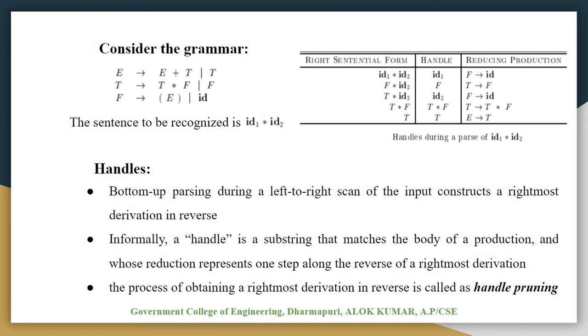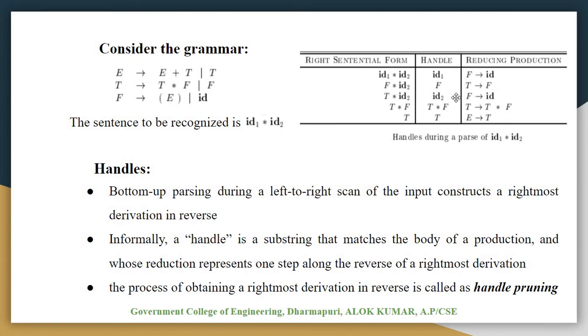So you can see ID1 into ID2. Here F generates ID, so we replace this ID with F. Now T generates F, so this F we can replace with T because of these production rules.